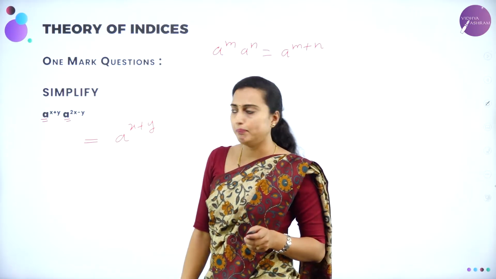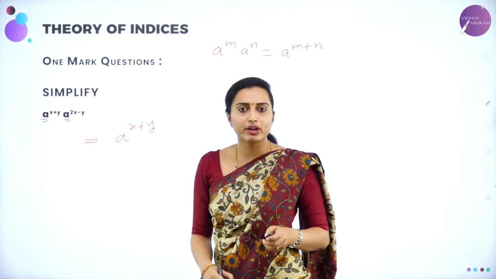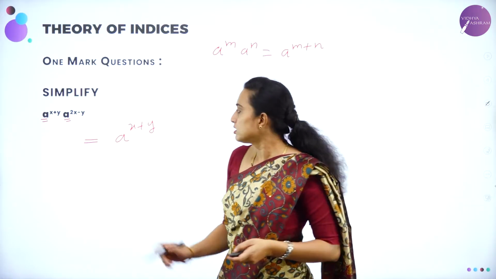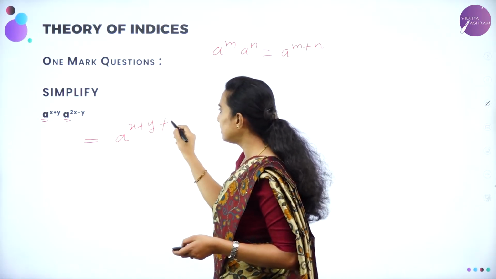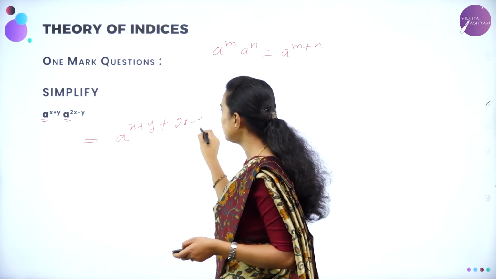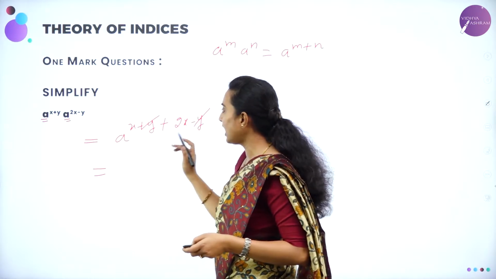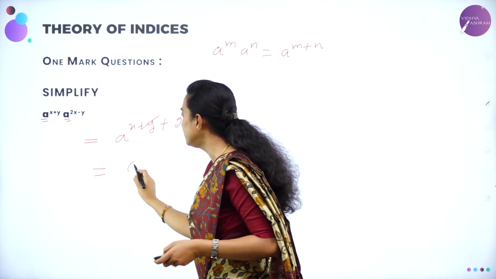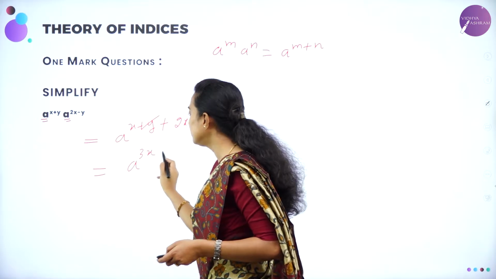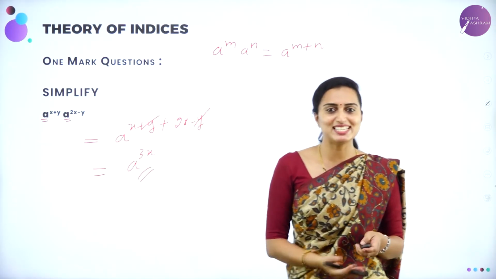Right? m replaces x plus y, n replaces 2x minus y. So x plus y plus 2x minus y. y minus y will get cancelled. x plus 2x will become 3x. A power 3x, right? Is that so easy, dear?